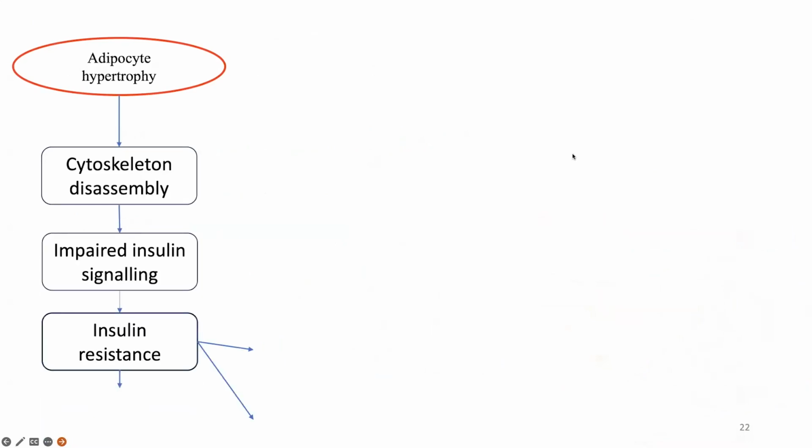So you have adipocytes which, because they are increasing in size, undergo cytoskeleton disassembly. As the size of the adipocyte is increasing, the membrane becomes unstable.